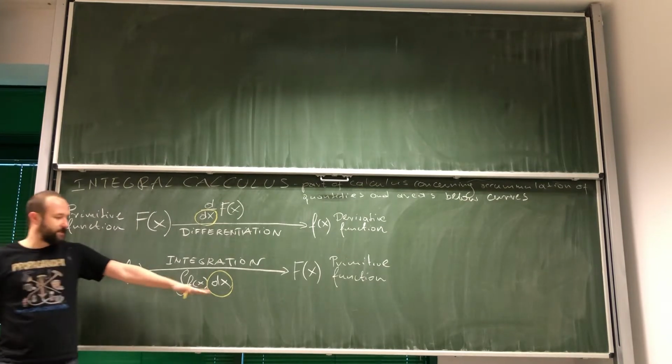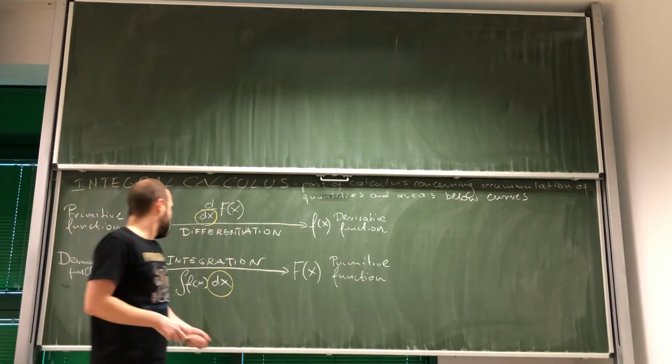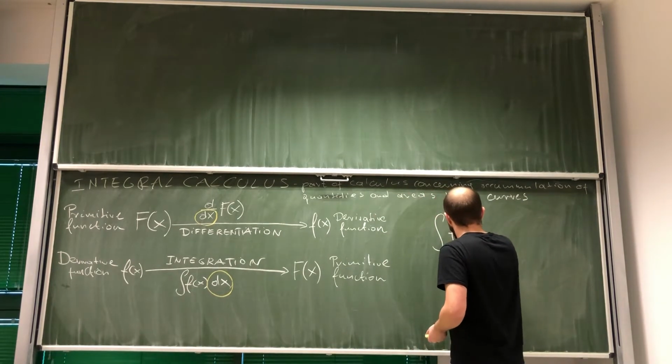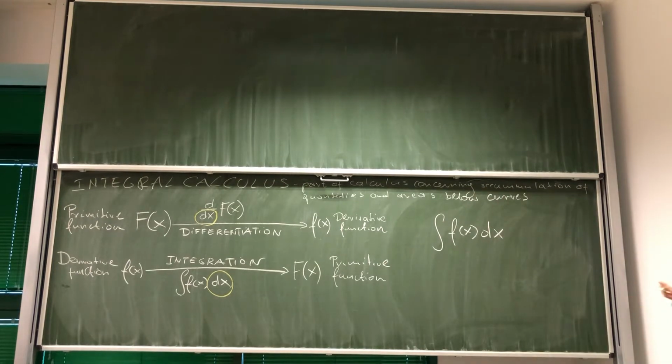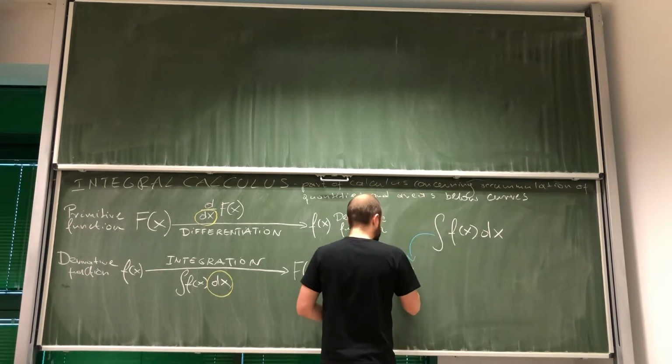Okay, but let's now get to this symbol. What you see over here is the expression we're going to use when we are going to perform integration. Now, this is called the integral sign.